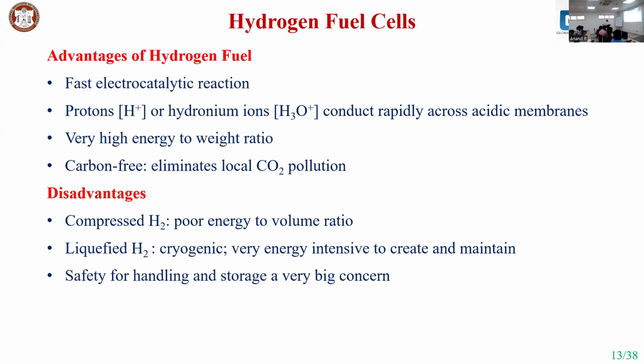So instead of producing electricity here, you are also consuming energy to bring the fuel into the fuel cell. Then, if liquefied, you need to maintain a very low temperature to store the hydrogen in liquid form, so this is also an energy intensive process.